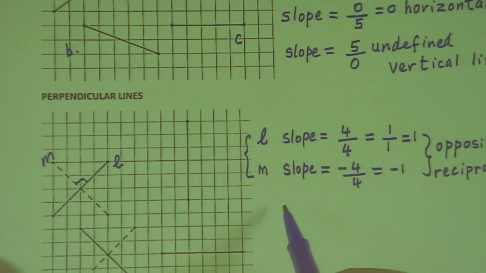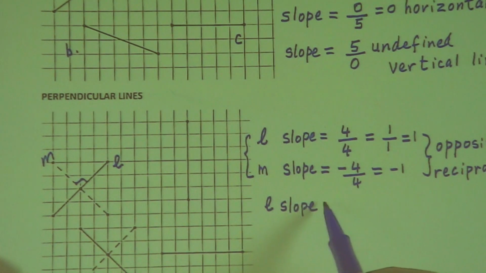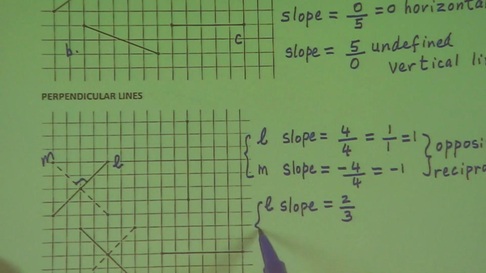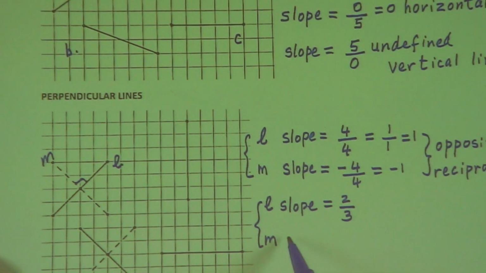So for example, if L had a slope of, say, 2/3, then M, to be perpendicular, its slope is going to be negative 3/2.